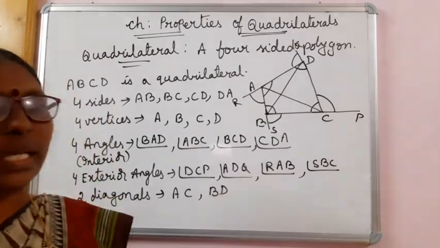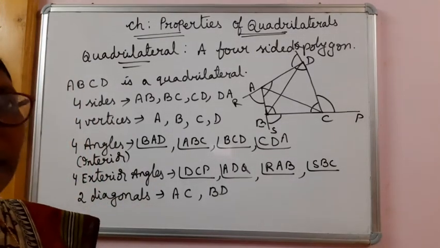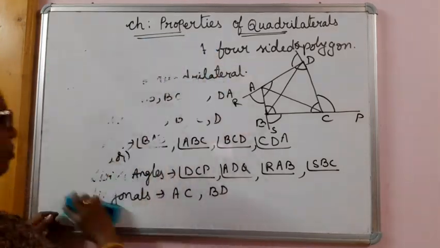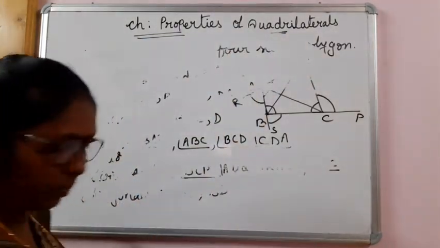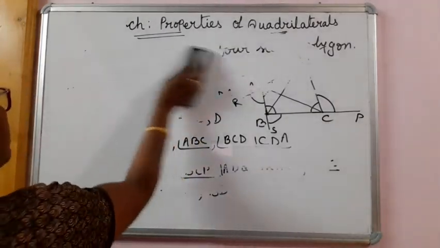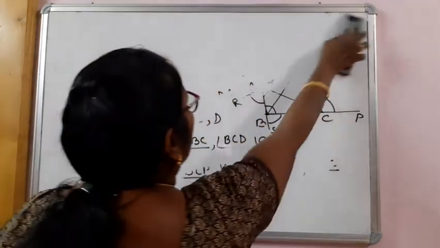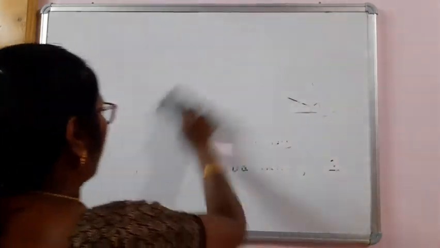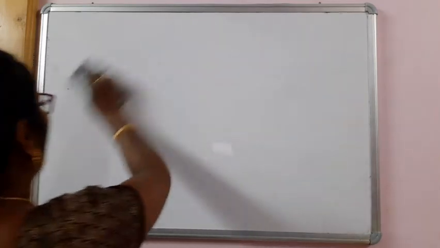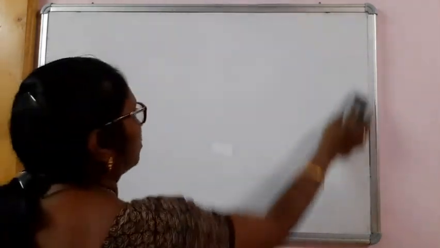Now let us learn what are the different types of quadrilateral. There are different types of quadrilateral. Actually, as per the figures, there are two types of quadrilaterals.